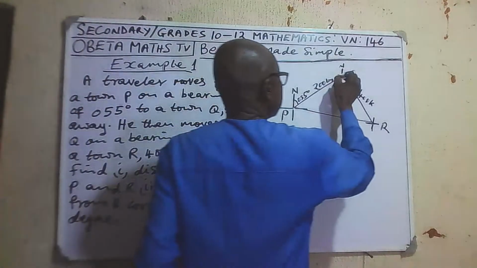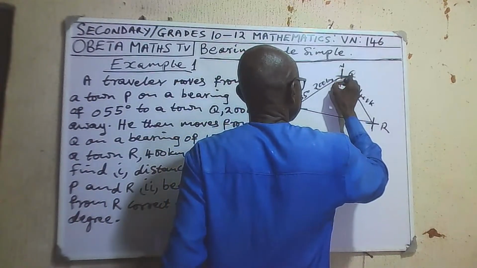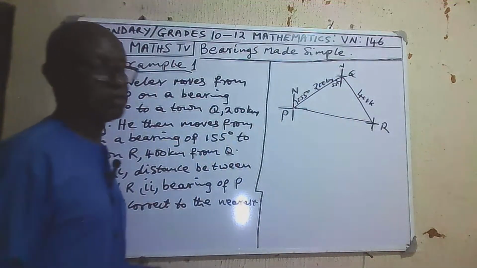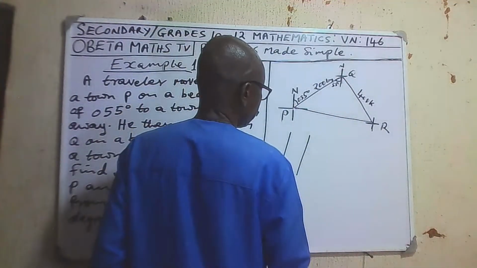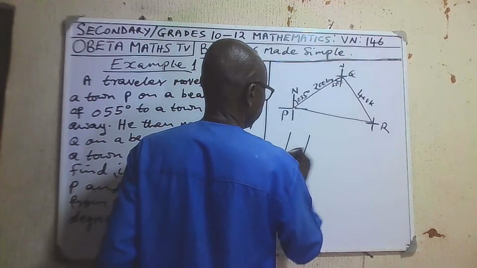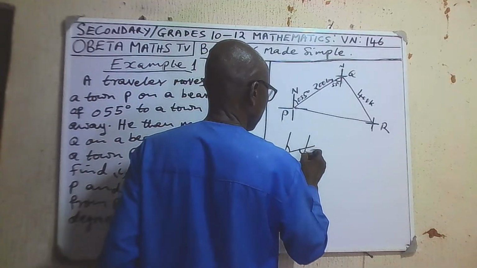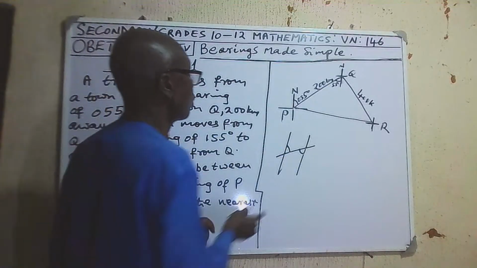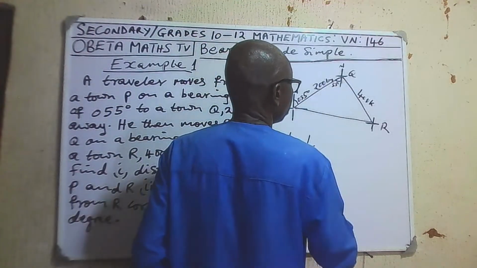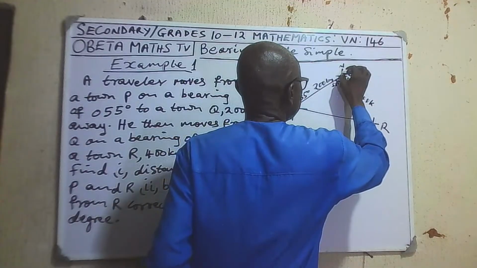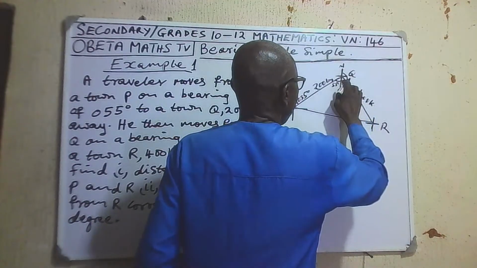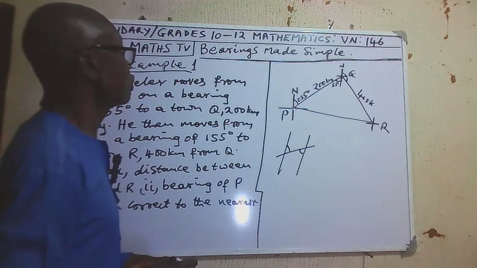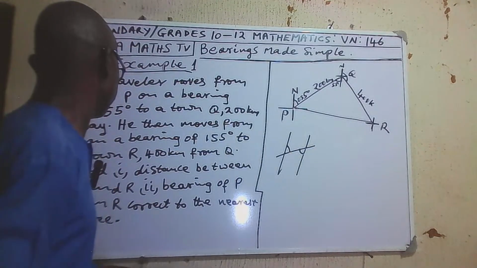So that means this is 55 degrees, because when you have two parallel lines and a line crossing, you have this equal to this, alternate angles are always equal. So this is 55, this is also 55. But the whole of this from here to here is 155. That's the bearing from Q to R.